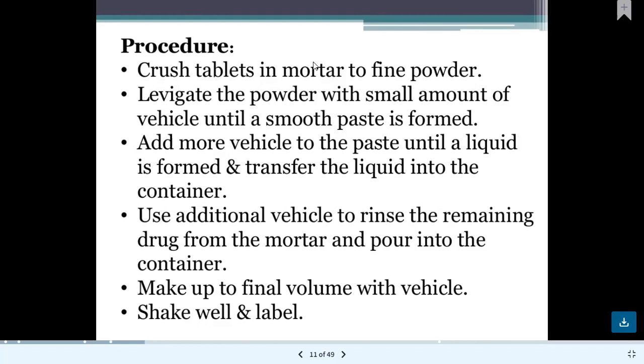Add more vehicle to the paste until a liquid is formed and transfer the liquid into the container. Use additional vehicle to rinse the remaining drug from the mortar and pour into the container. Make up to final volume with vehicle, shake well and label.